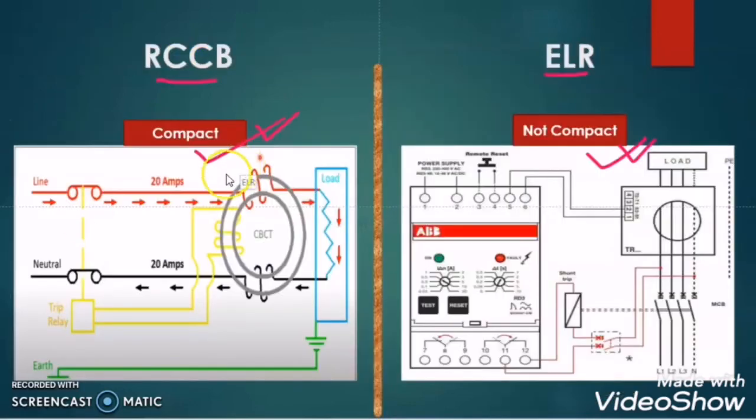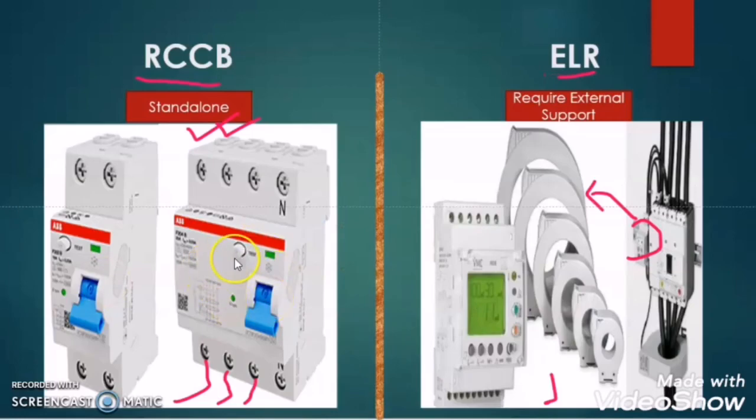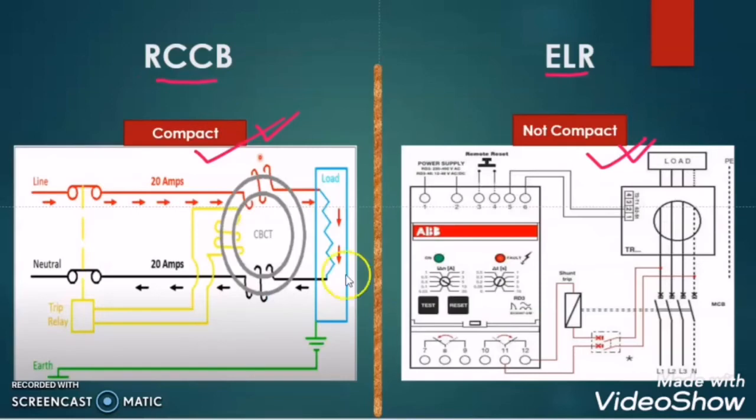From this diagram it is very clear that the RCCB is checking the difference between the phase current and neutral current through this CBCT. But this CBCT in the case of RCCB is inbuilt inside the RCCB box. But in case of ELR, this CBCT is external, and the ELR is getting the signal of the difference in the phase current from this CBCT.